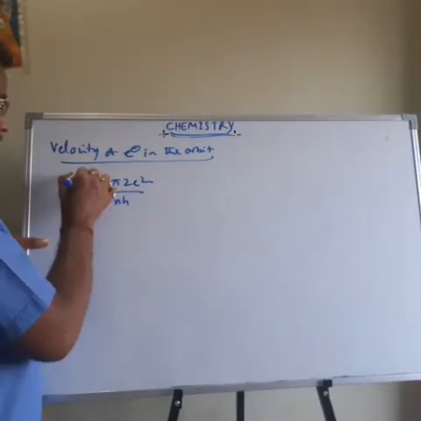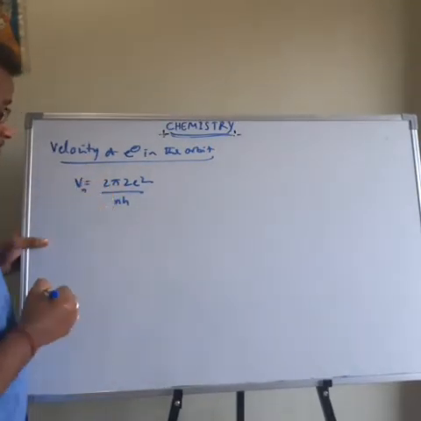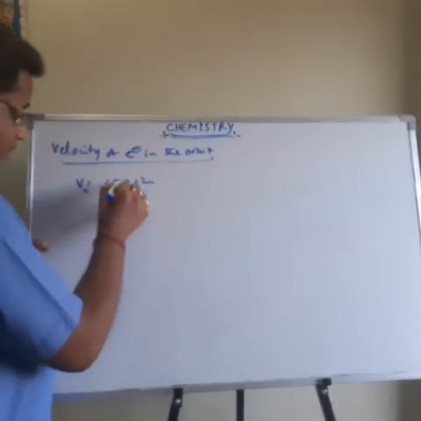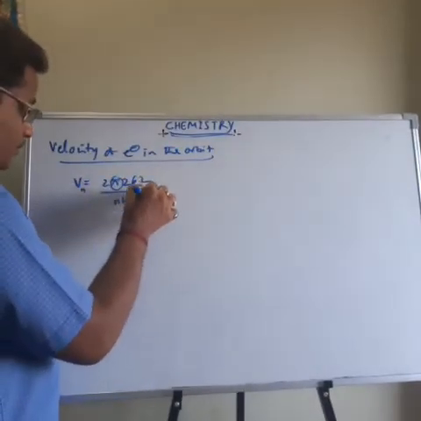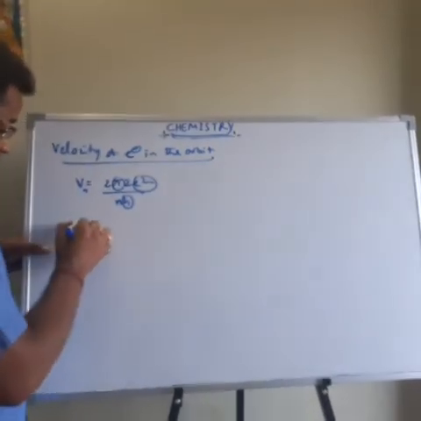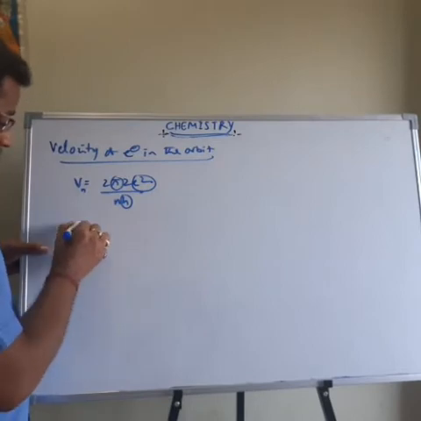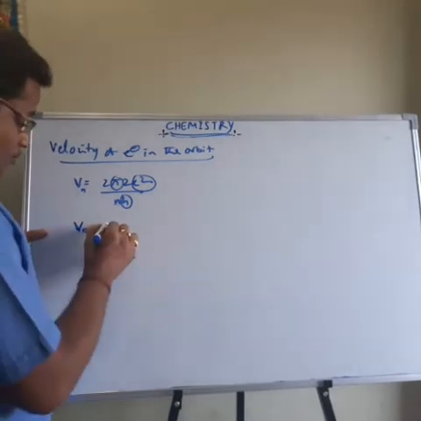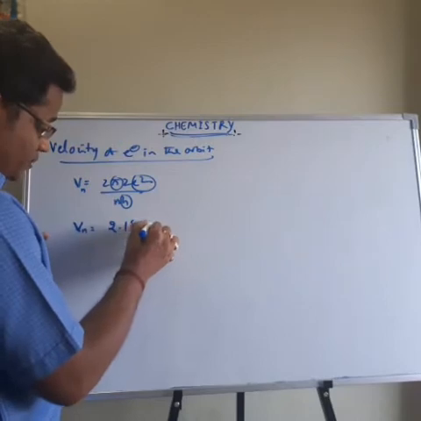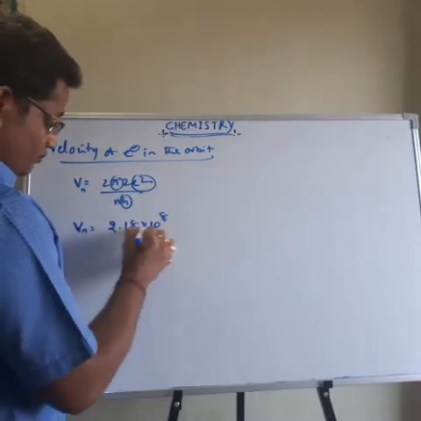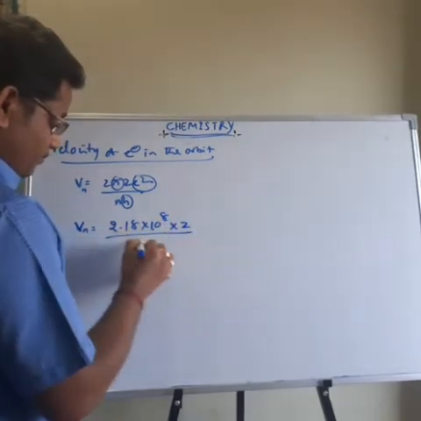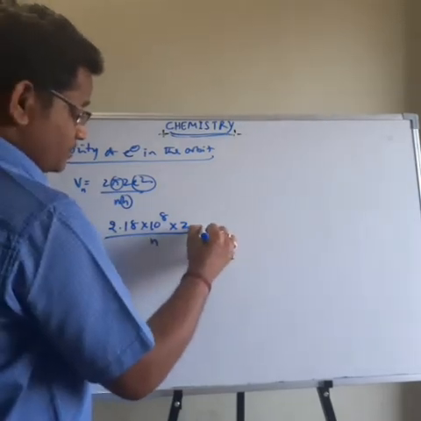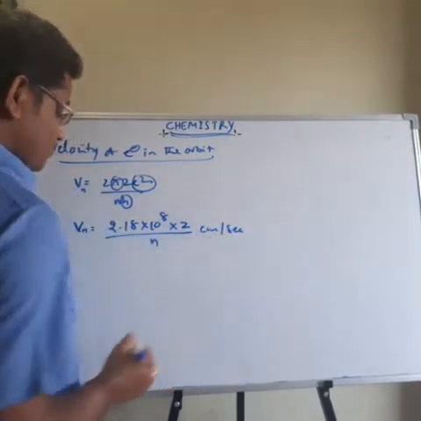You have to remember the velocity formula of the nth orbit. Then substitute the pi value, e value and h value. Then we get V, the velocity of the nth orbit, is equal to 2.18 into 10 power 8 into Z by n centimeter per second.